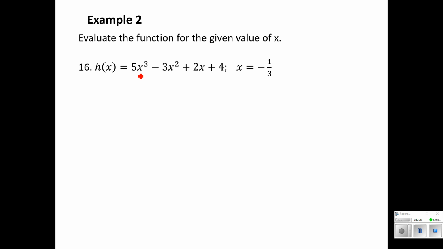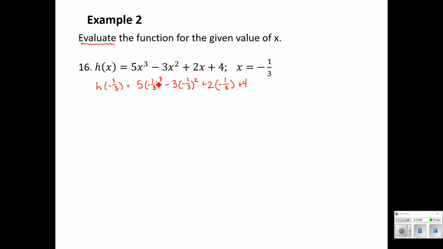All right, example 2, evaluate the function for the given value of x. Well, evaluate means to plug in. So we just want to find h of negative 1/3. That means I'm doing 5 times negative 1/3 to the third power, minus 3 times negative 1/3 to the second power, plus 2 times negative 1/3 plus 4.